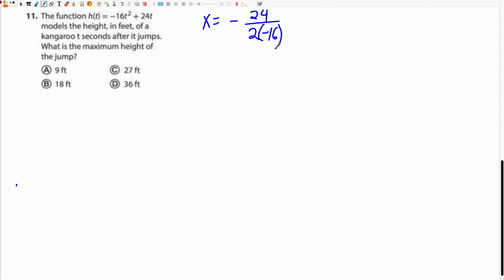All right, so negative 24 over 32, negative 24 over negative 32. So negative 24 over negative 32 equals positive 3/4. 8 goes into 24 3 times, 8 goes into 32 4 times.